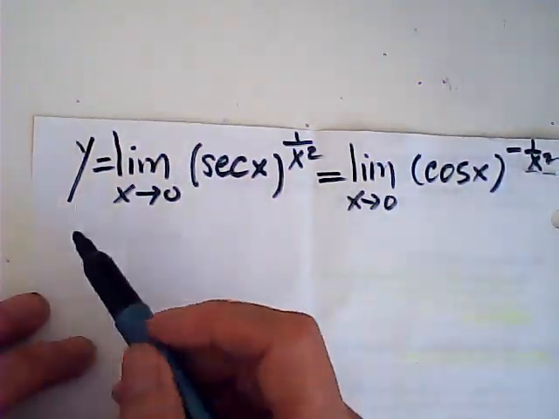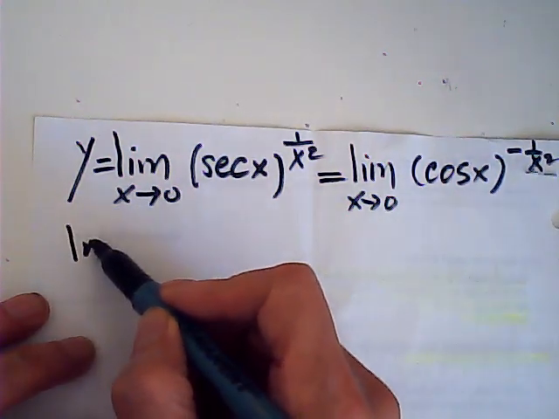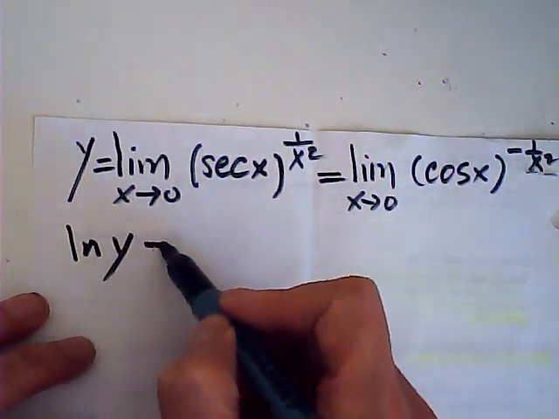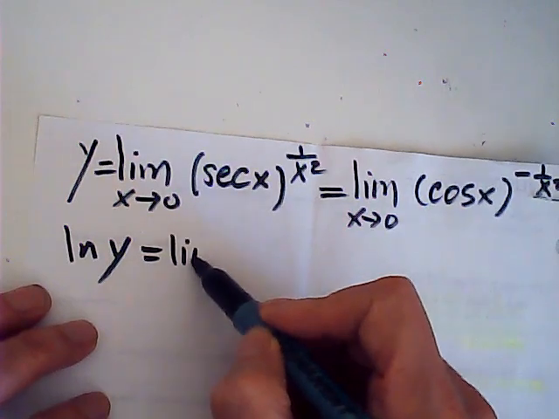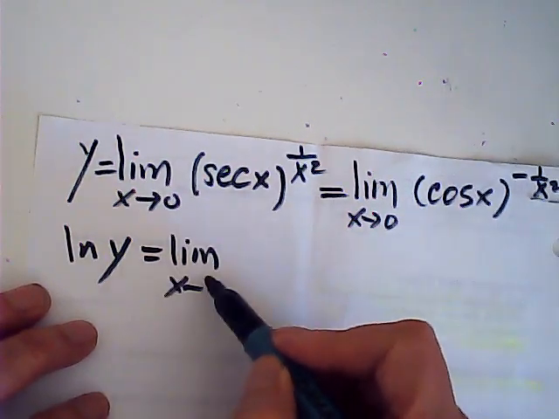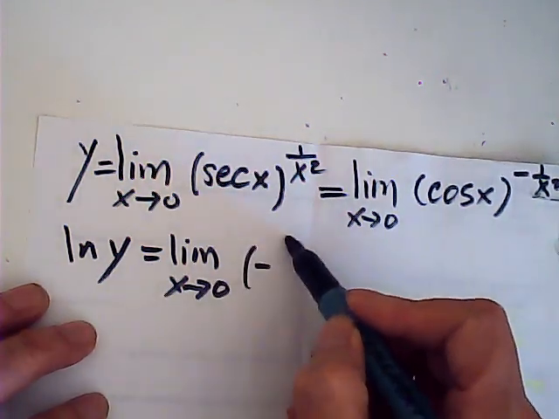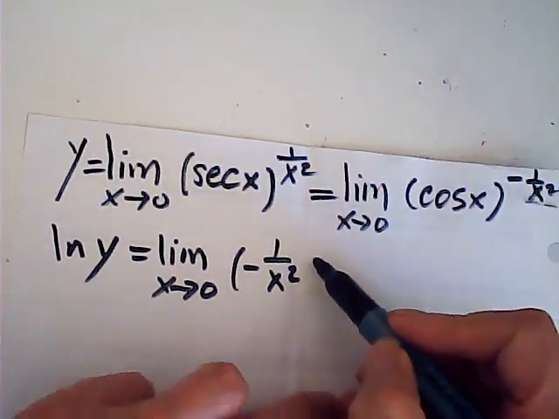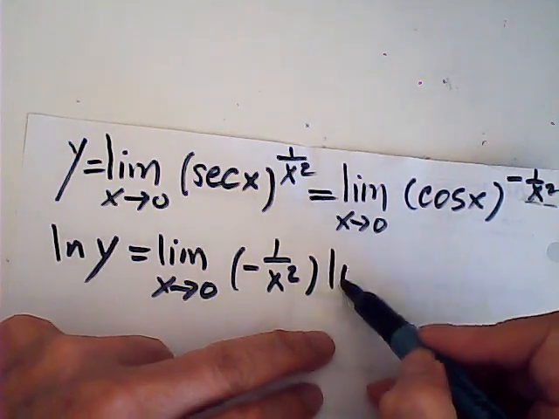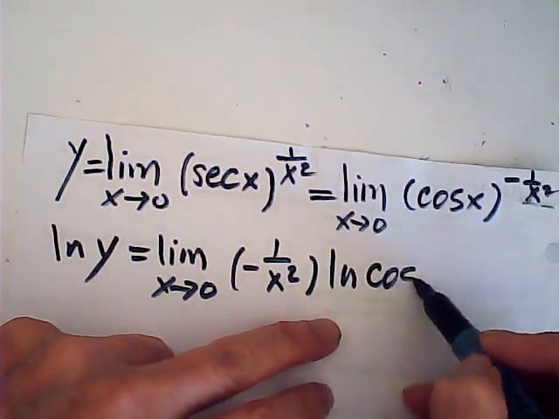So then log y will be equal to the limit x goes to 0, negative 1 over x squared times the log cosine x.